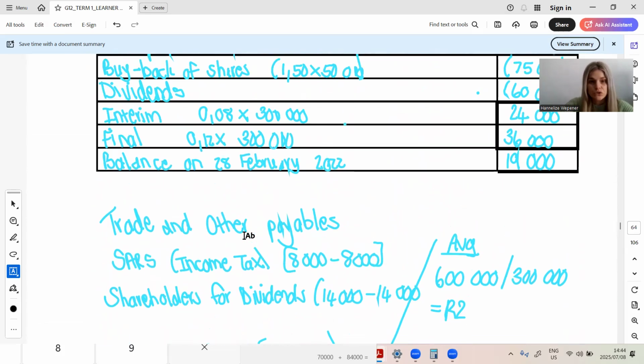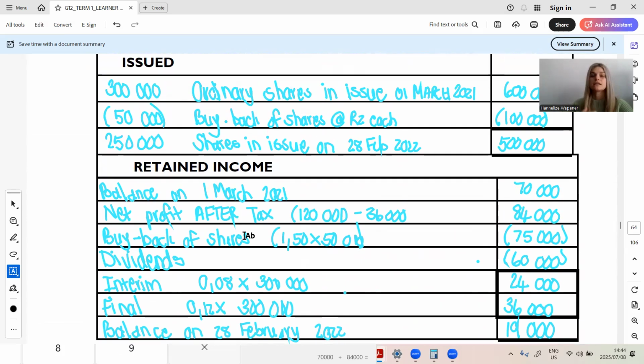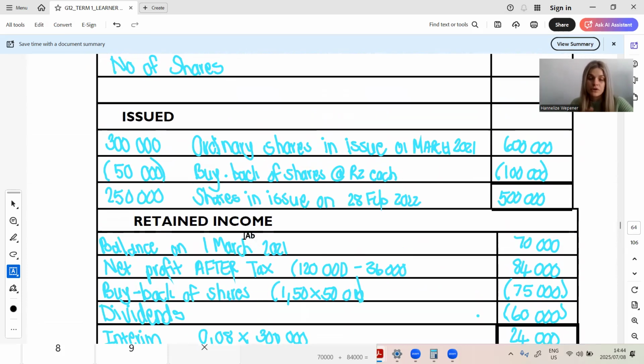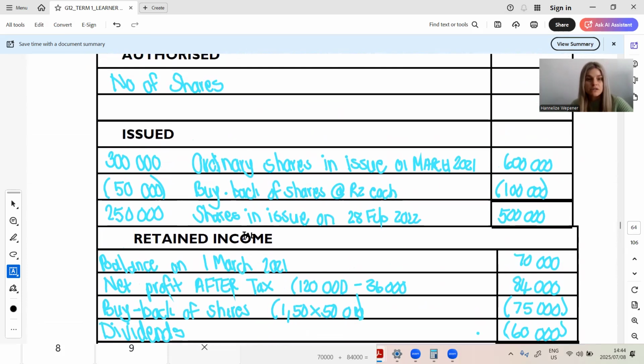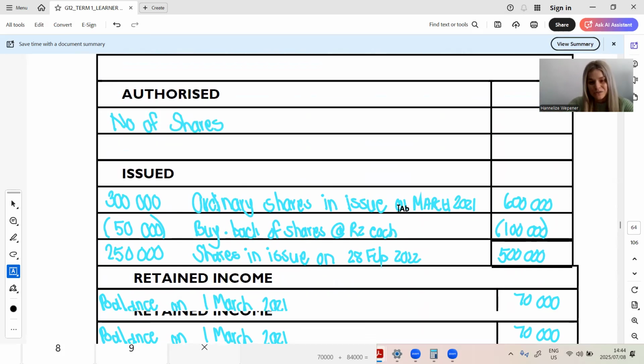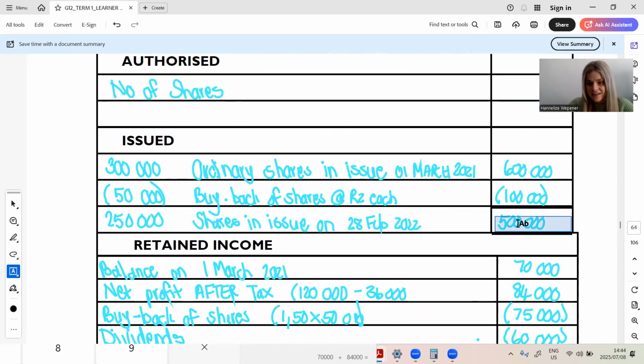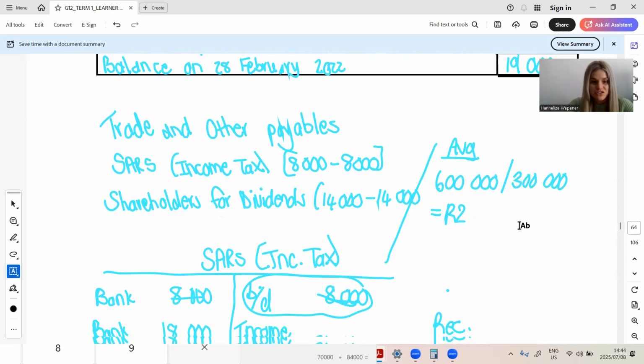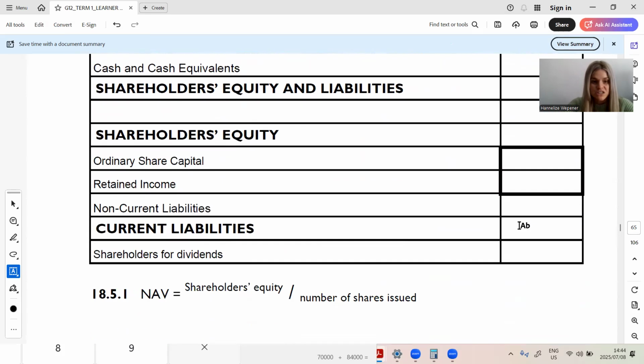Okay, right. So we have already calculated in the previous section our ordinary share capital as well as our retained income. I've seen it way too many times that people then go to the SFP and write random amounts in there. No, whatever you ended on in your note, so on the last day, that now goes to your SFP. So it's 500,000 for your ordinary share capital.